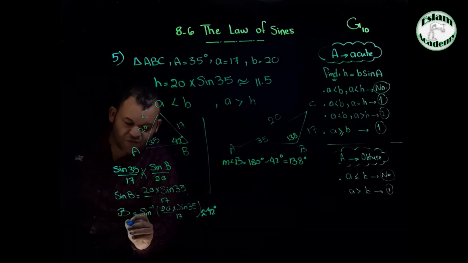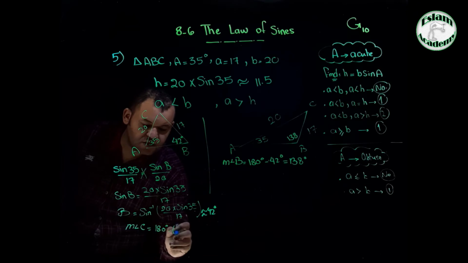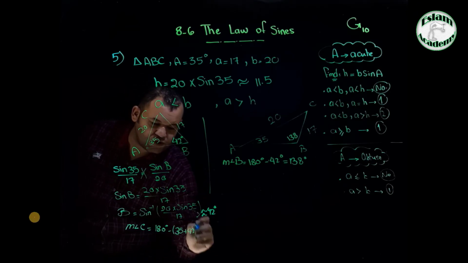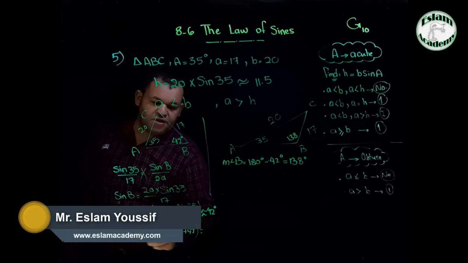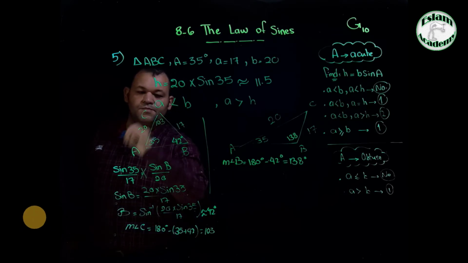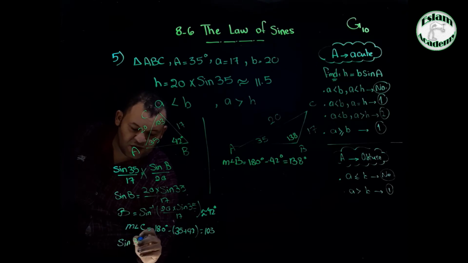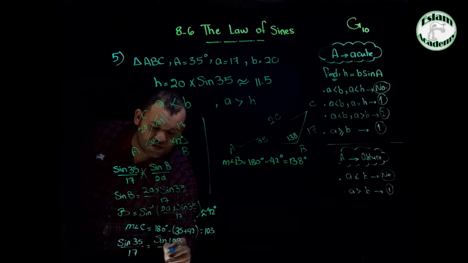After that, you can solve the triangle. We can find measure of angle C, which is 180 minus the sum of the two angles, 35 plus 42. That will be 77. By subtracting from 180, it will be 103. Then we can write sine 35 over 17 equals sine 103 over c.